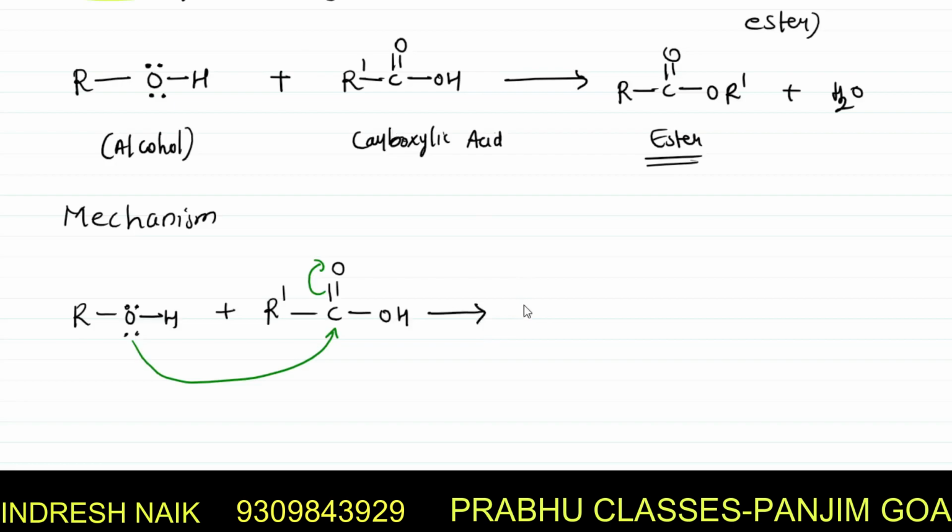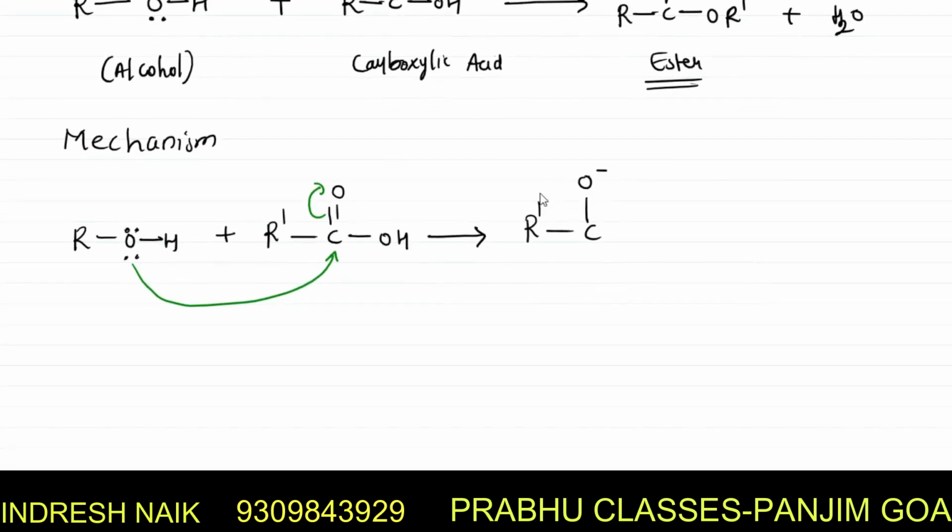The product you are going to get is R dash C O O minus. This pi bond has converted to that. And here this is O, this is H, and this is the R. This whole part is getting connected, and this has a positive charge because oxygen has donated an electron to form a new bond, and this is O minus.